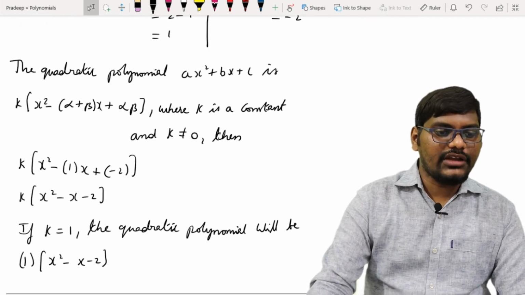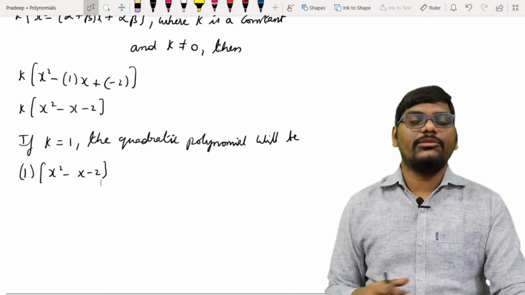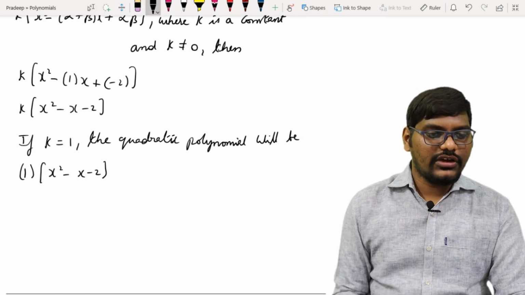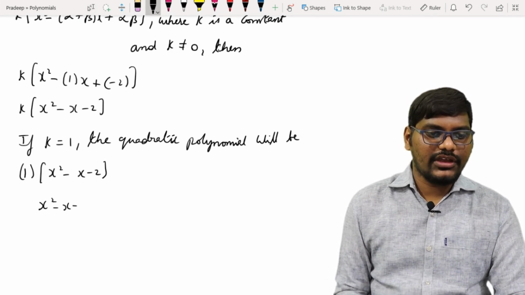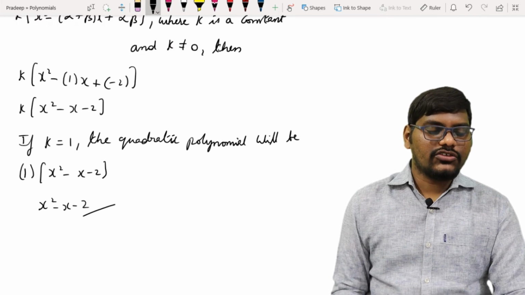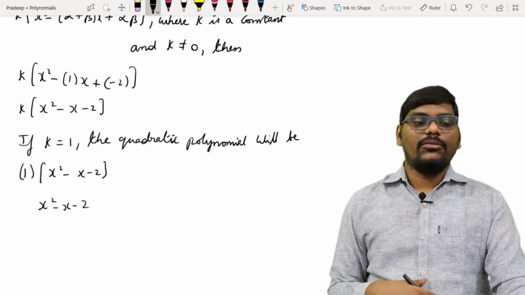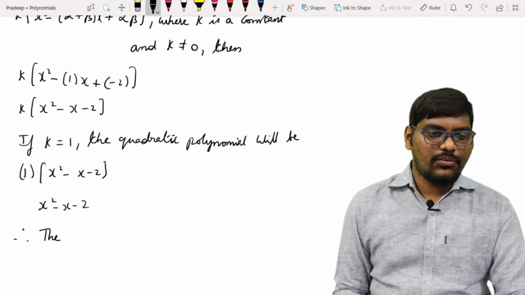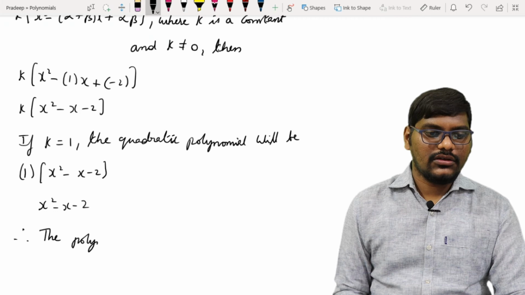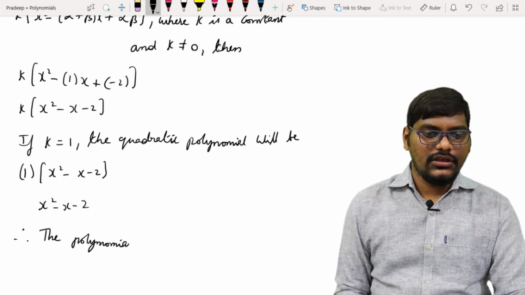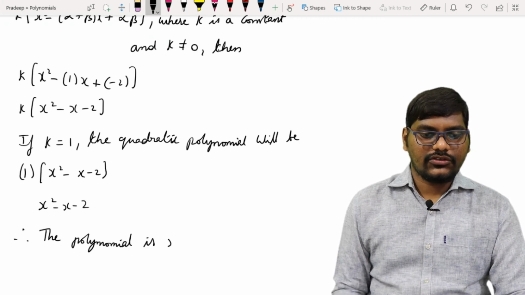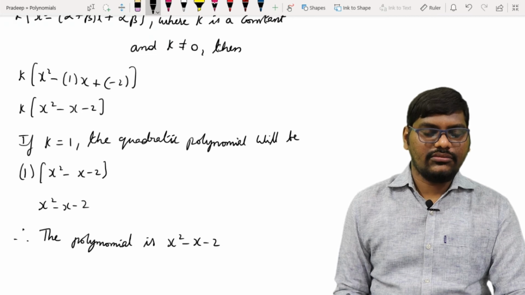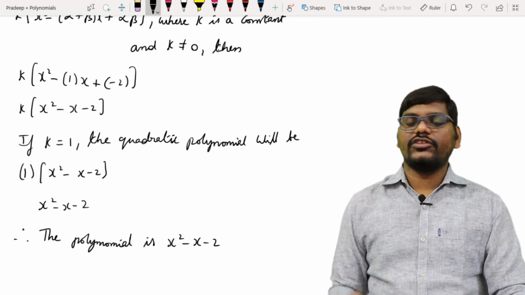Even if we multiply by 1, there will be no change in the equation. So I can write x square minus x minus 2. This is the polynomial which we got. Therefore, the polynomial is x square minus x minus 2. Okay, this is the first one.